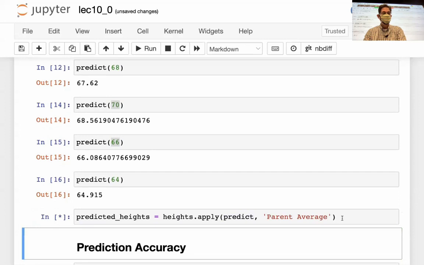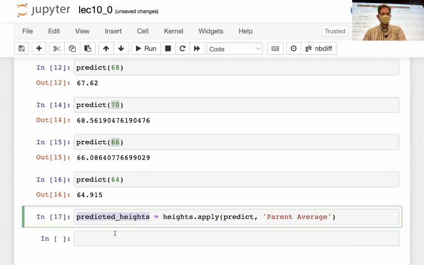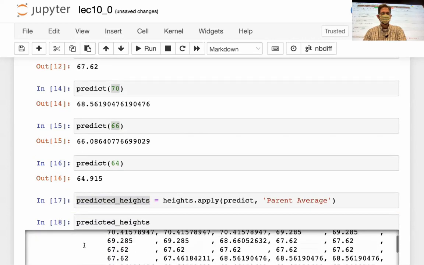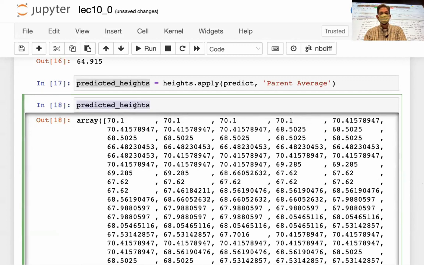This gives me an array of predicted heights for each entry, every row in the data set. Since there's one of these per row, it seems like we should just put it in our table. Take our heights column and add a prediction. This is the guess, just by looking at the parent average, of the average height of the child.